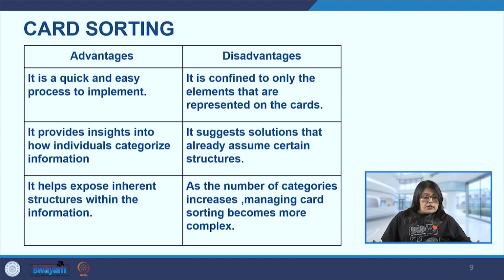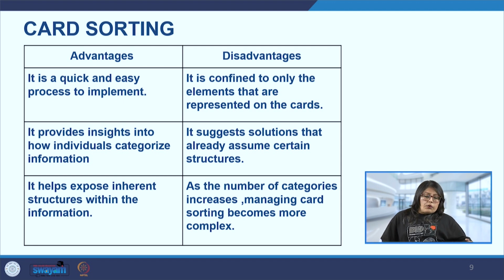Another disadvantage is that it suggests solutions that already assume certain structures, and as the number of categories increases, managing card sorting becomes more complex, because a larger number of cards may lead to some human errors, or the users may find some overlaps between some of the cards.